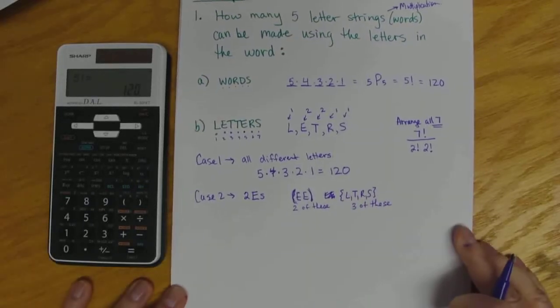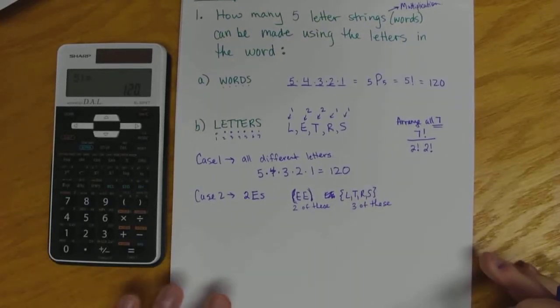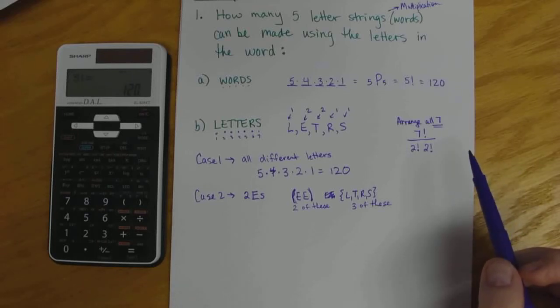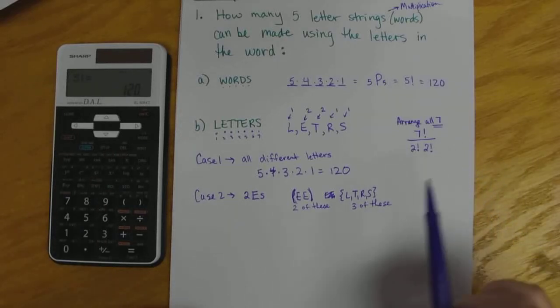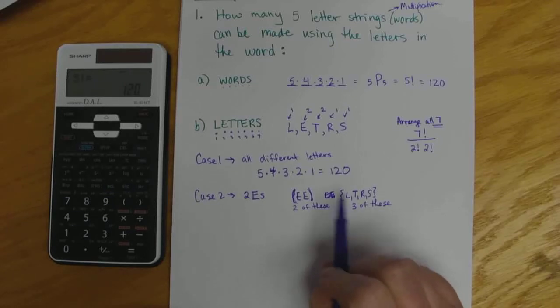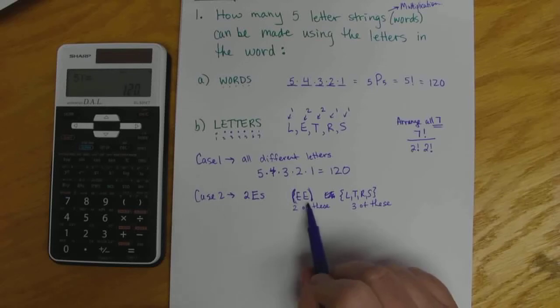Okay? So how would we look at that? This is actually a little bit more complicated. You have to count the arrangements of these, but the E's we don't want to count the arrangements. Okay, so how would this look?